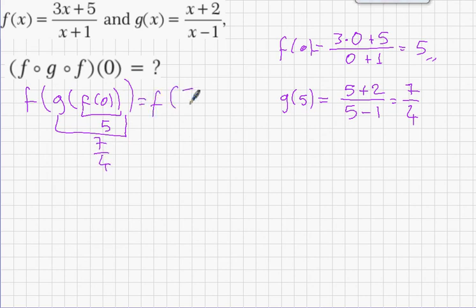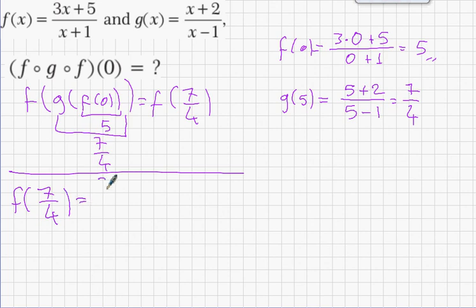Inside the f, I must find f of 7 over 4. I will need place to calculate. So 3 times 7 over 4 plus 5, then 7 over 4 plus 1.